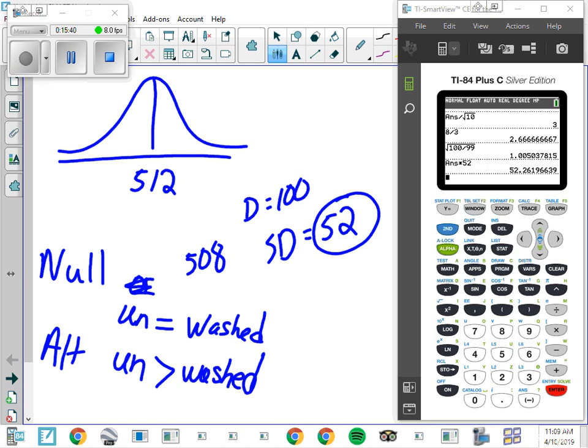Does everybody understand that? Okay. Would you estimate the SD of the box at 50 or 52? Why 50?